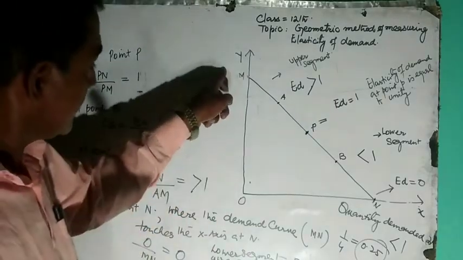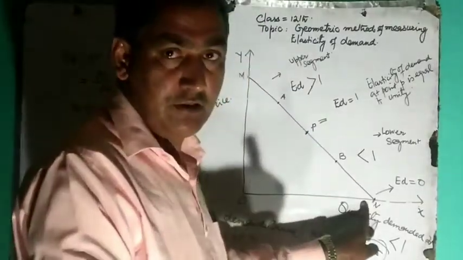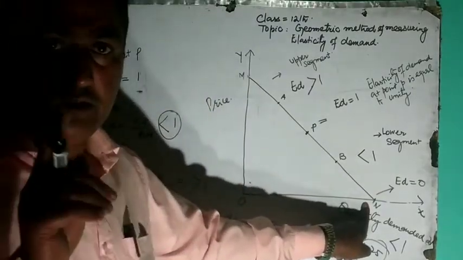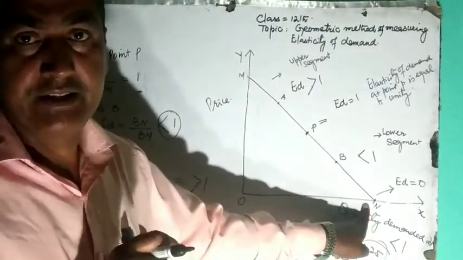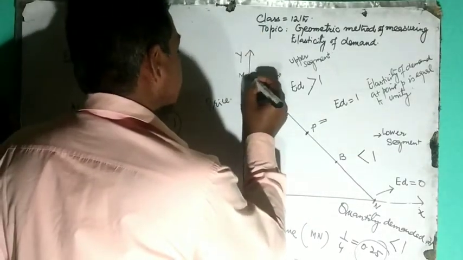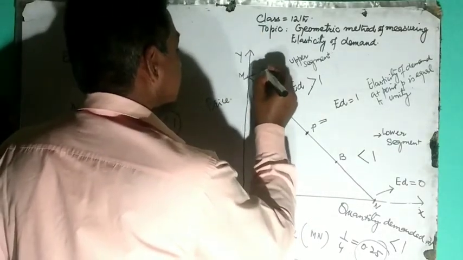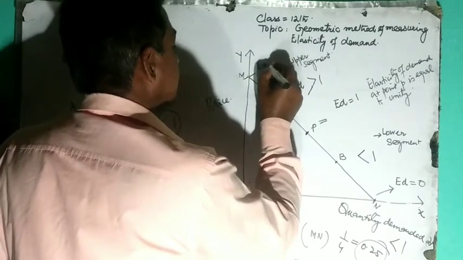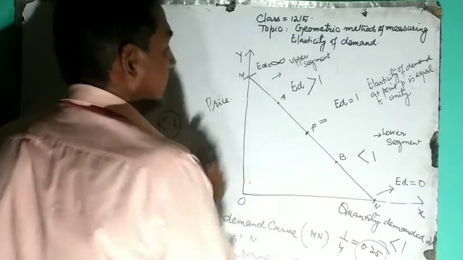So Mn is divided by 0, and it leads towards infinity. So what is the value of elasticity of demand at point M? It is equal to infinity.